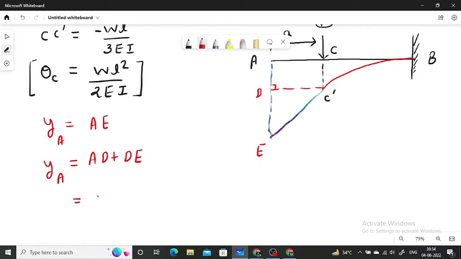AD is equal to CC dash, and DE can be determined from this right angle triangle DEC dash.